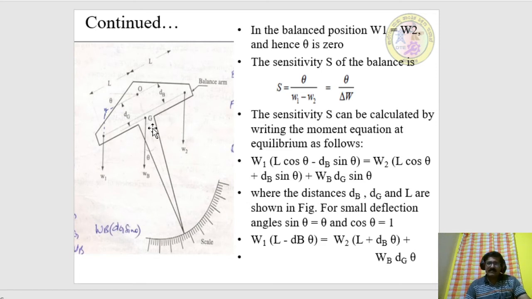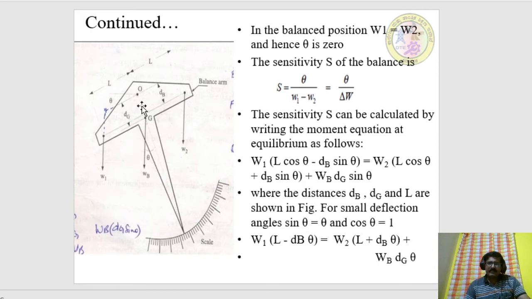Whatever theta and W are related by a term called sensitivity. The sensitivity, represented by S, of a balance is S is equal to theta divided by delta W, that is W1 minus W2. The sensitivity can be calculated by writing the moment equation at equilibrium condition. You are well known in your engineering mechanics classes. You know how to resolve the moment equation under equilibrium condition, right?